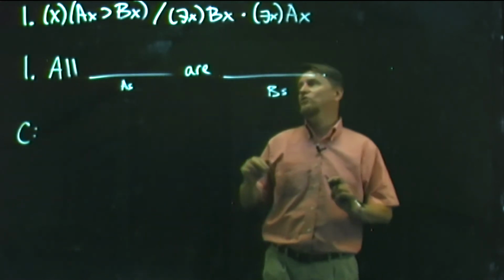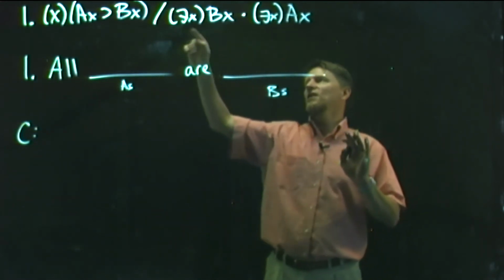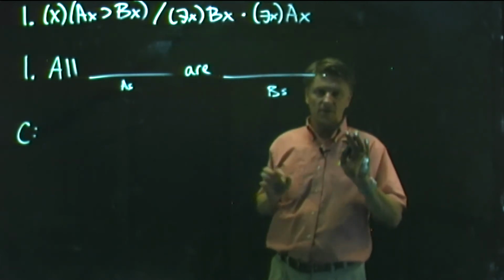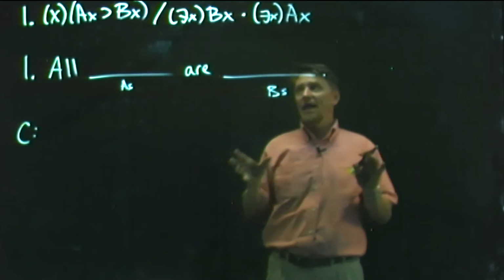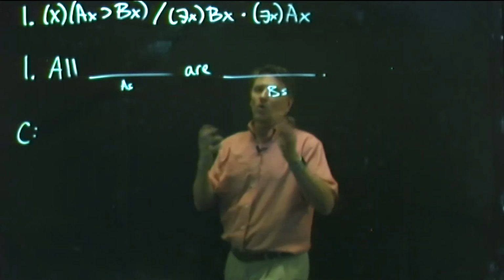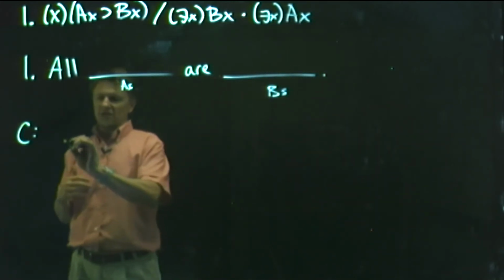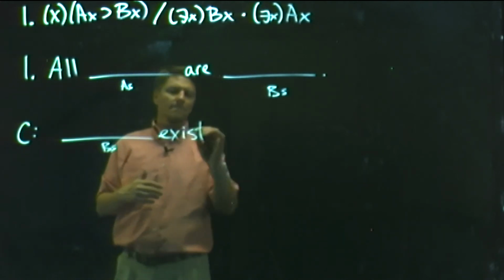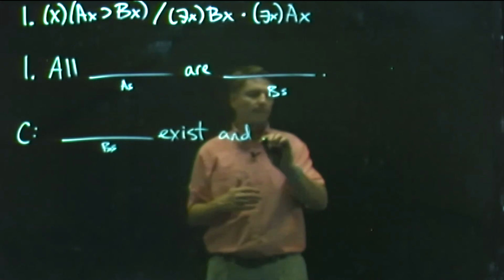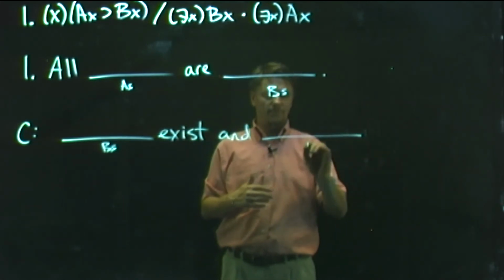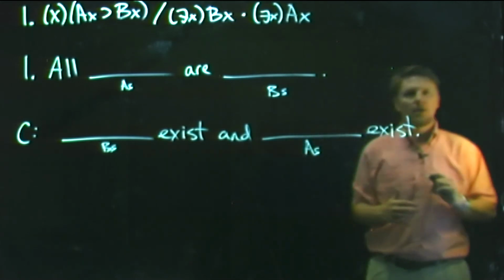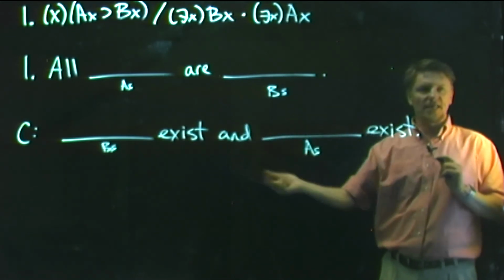Likewise, we have the conclusion. The conclusion here says there exists something that's a B and there exists something that's an A. Or another way to put it is, B's exist and A's exist.